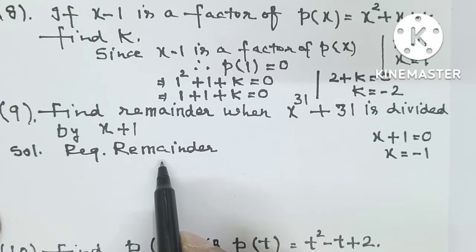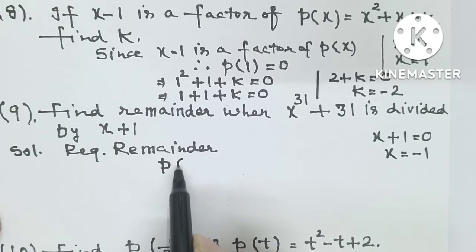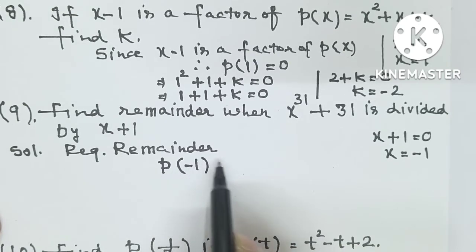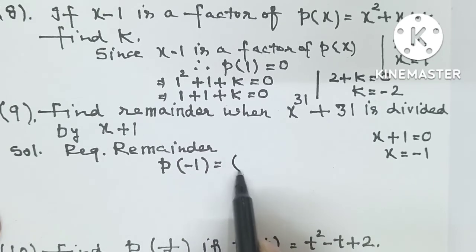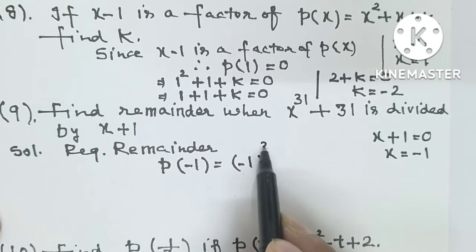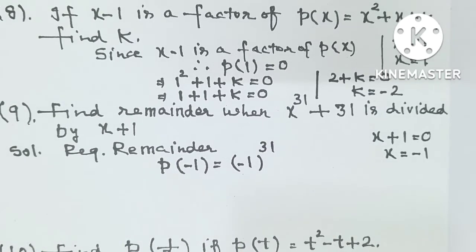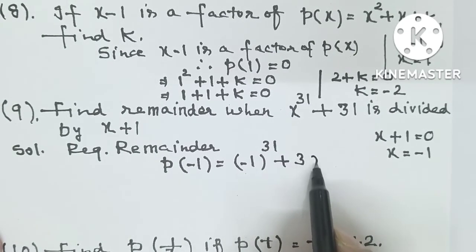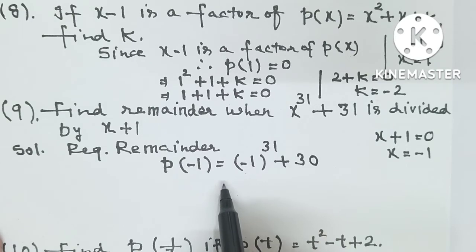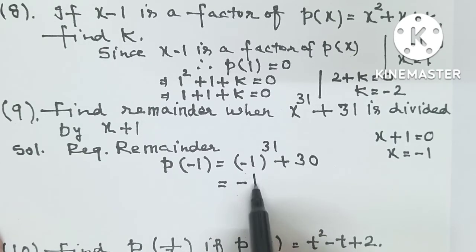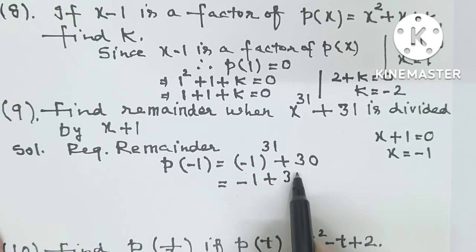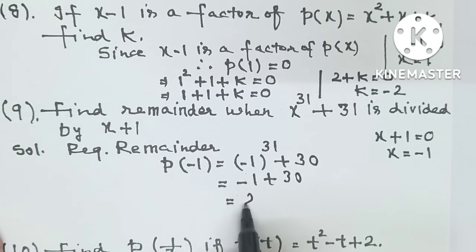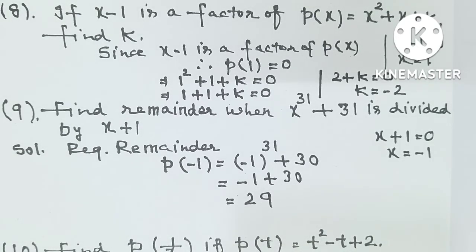So we will find here p of minus 1. So minus 1 raised to power 31 plus 31. Minus 1 power 31, that is minus 1 power odd number, it will be minus 1 only, plus 30. And 30 minus 1 is 29. So the required remainder is 29.